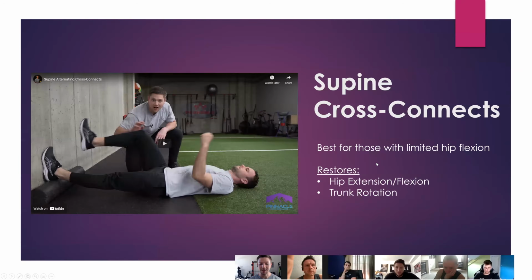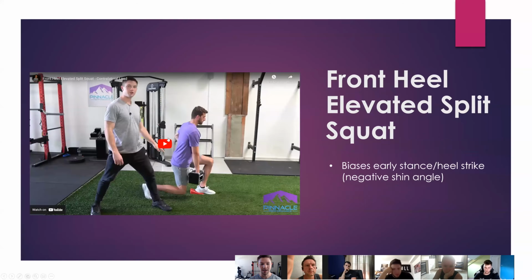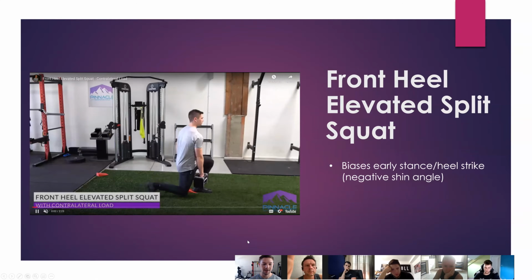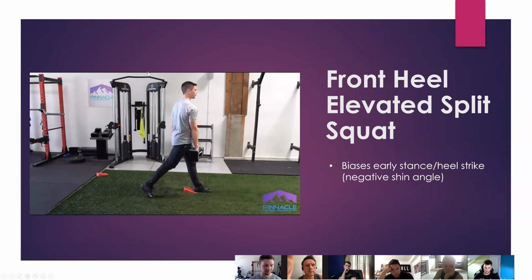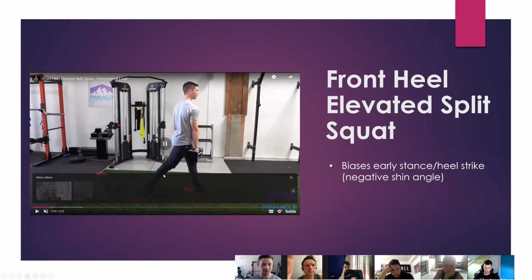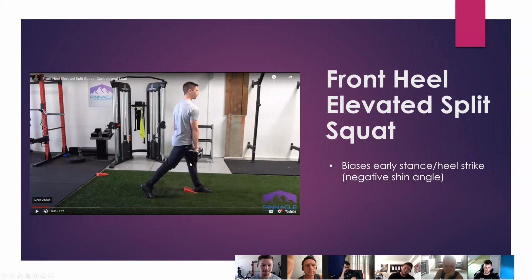This is back, and we won't spend much time on this because this is a great ground-based starting activity. But if you wanted to bias a little bit more of that heel strike position right there, notice how I've got this negative tibial angle right here, right?